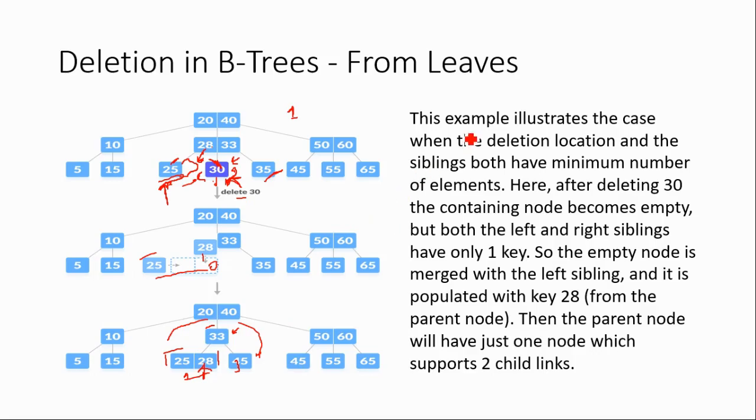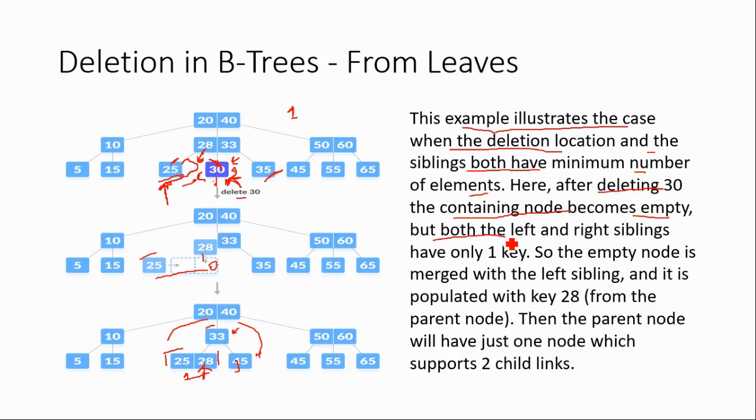So let's read the description. This example illustrates the case when the deletion location and the siblings both have the minimum number of elements. Here, after deleting 30, the containing node becomes empty. That we have seen, because the minimum number of elements required is 1, but if the node is empty, then that condition is violated.